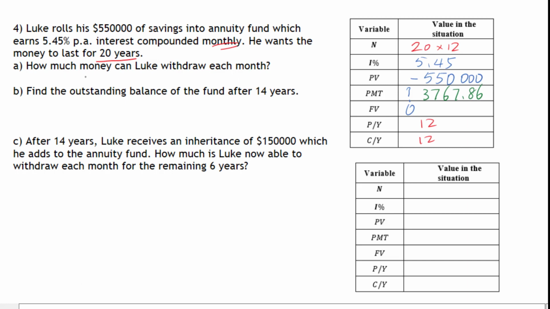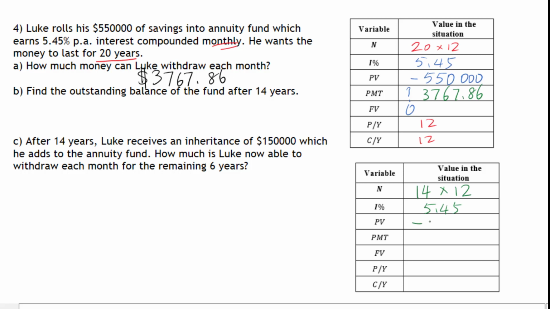So for A, Luke will withdraw each month $3,767.86. B, find the outstanding balance of the fund after 14 years. 14 times 12. Interest rate is still 5.45.